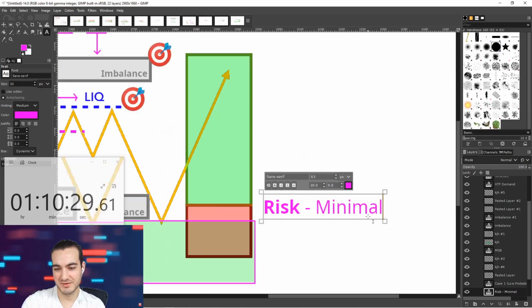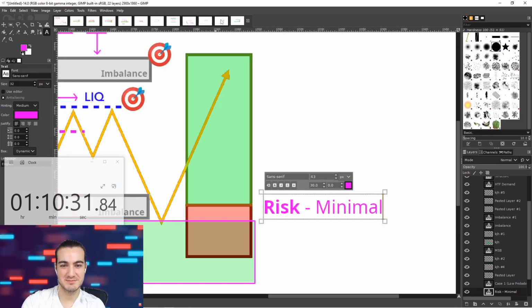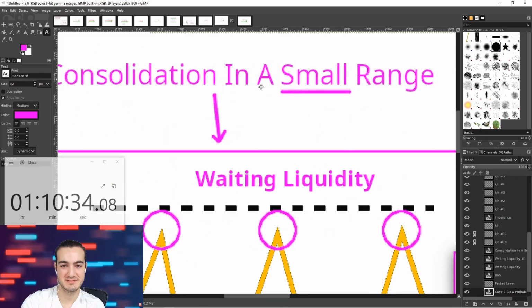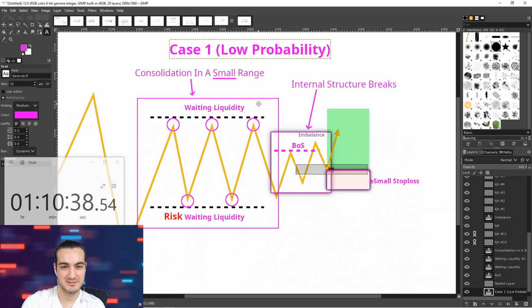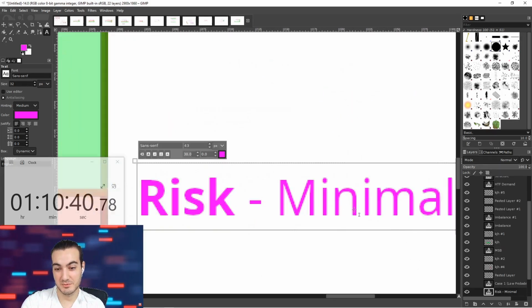I don't want to say low risk because we're using low in a different usage, as in low probability or high probability, so I'm trying to mix things up. So we'll say minimal risk.